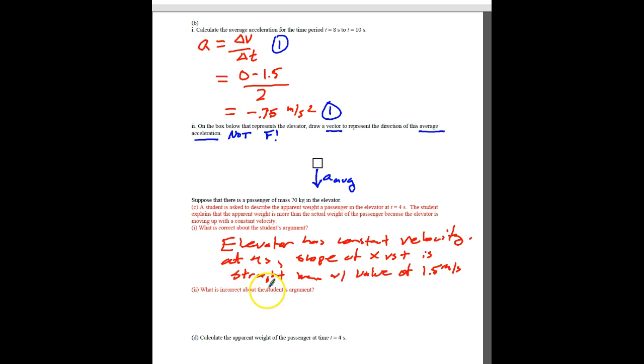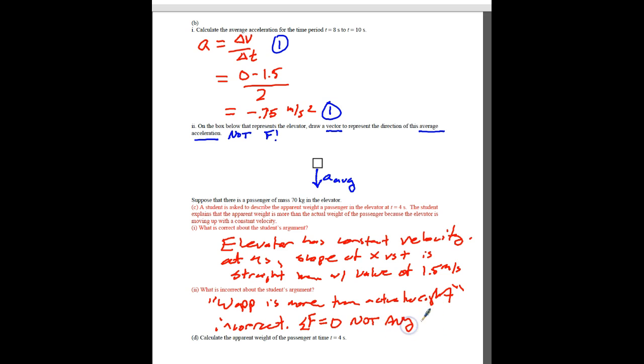What's incorrect is that they say the apparent weight is more than the actual weight. And that is incorrect, because we know that the sum of the forces should be equal to 0 because there is not any acceleration.